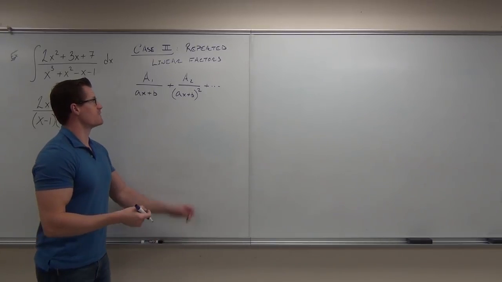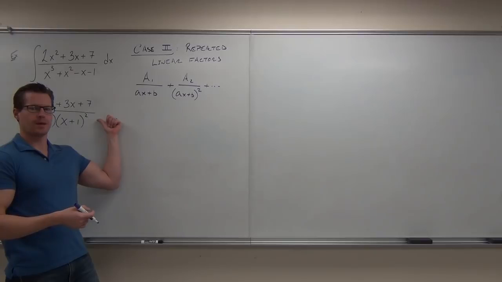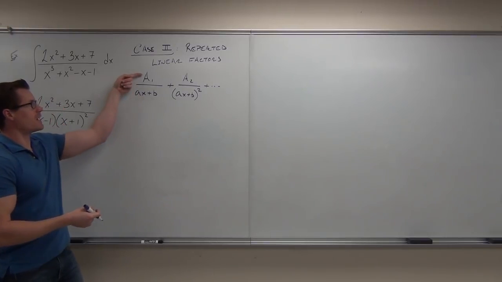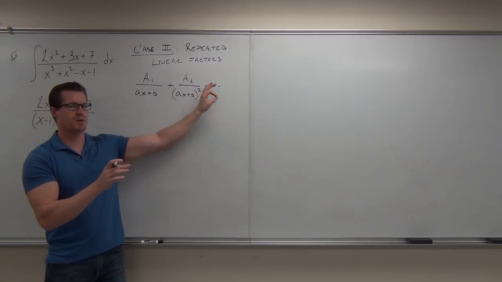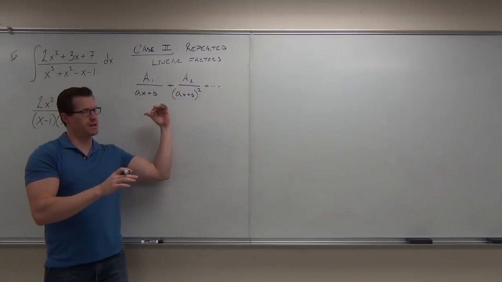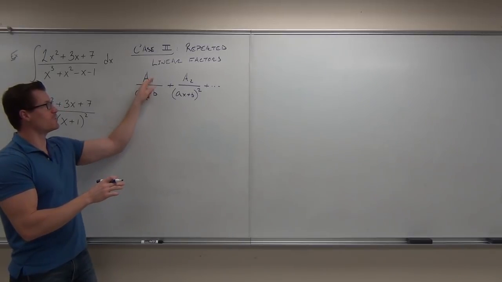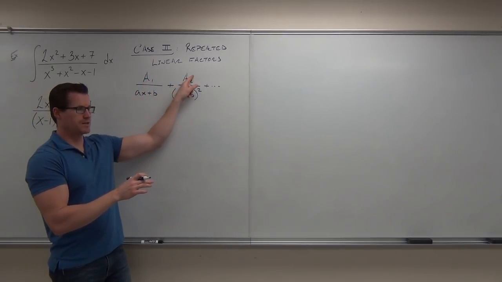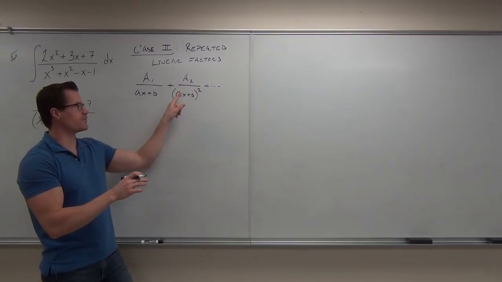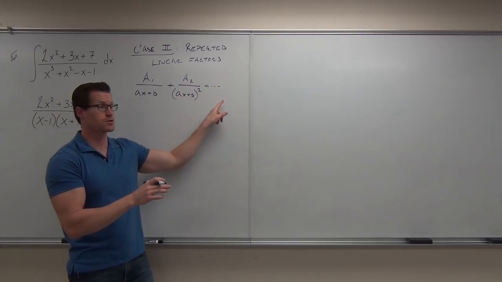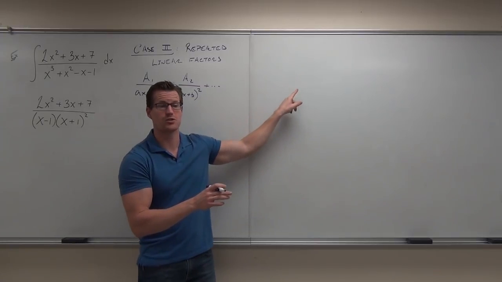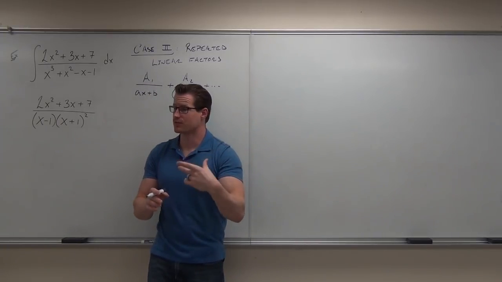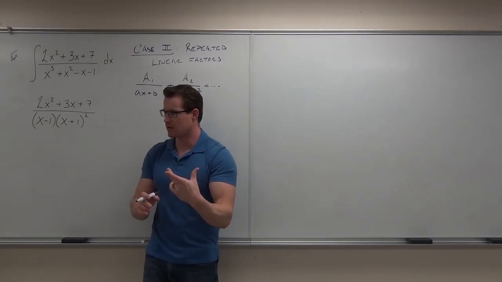So for instance, if this was to the 5th power, you'd have A1 over whatever linear factor you got, and you'd exhaust those powers of linear factors. I'll show you in a minute how to do that. You'd have A over the factor, B over the factor squared, then C over the factor to the 3rd, then D over the factor to the 4th, then E over the factor to the 5th. You have every single different power of that factor. Are you with me on this one?